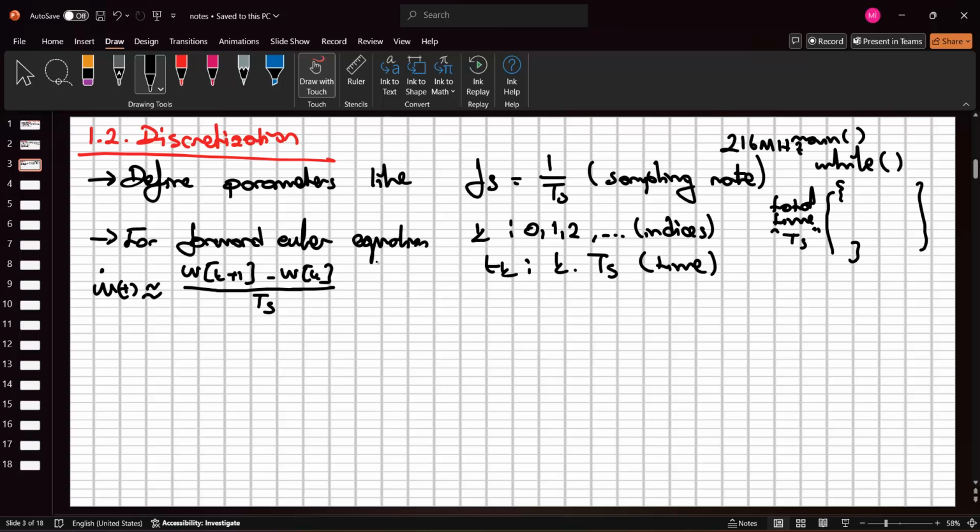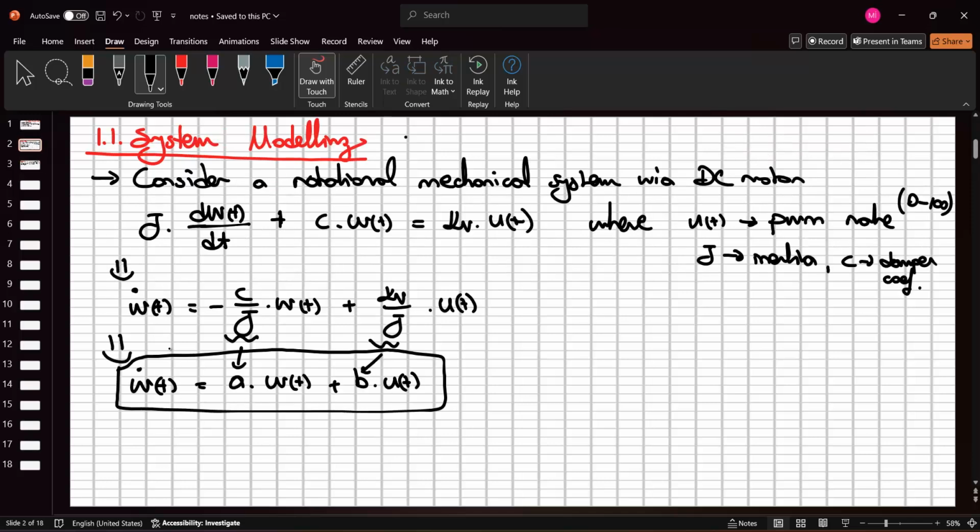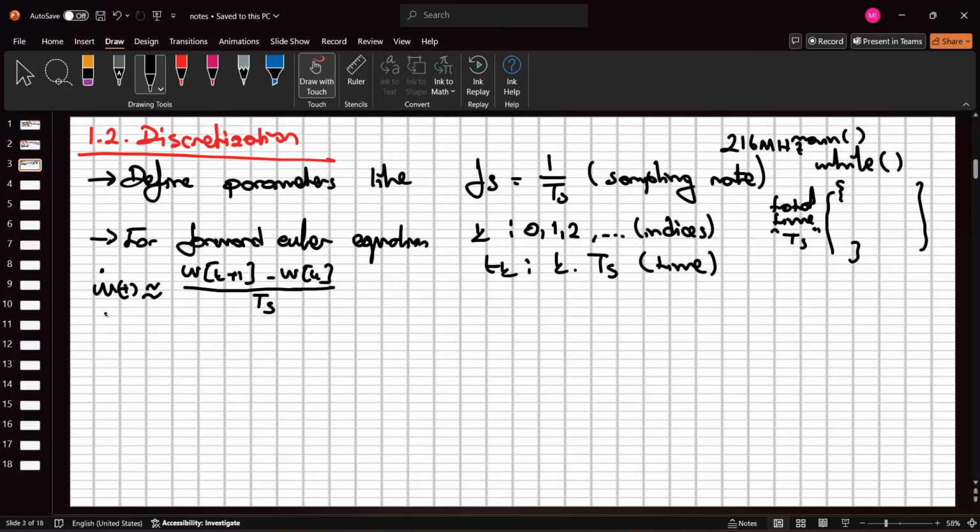Then we put this equation into the main equation, and in the discretization form we have w(k+1) minus w(k) divided by Ts is equal to A times w(k) plus B times u(k).